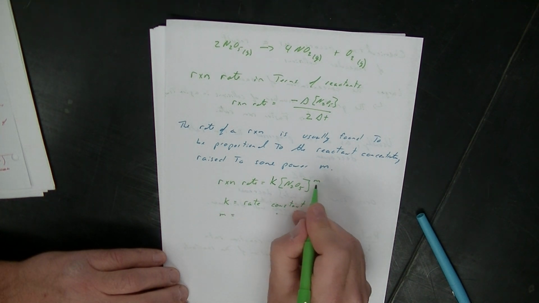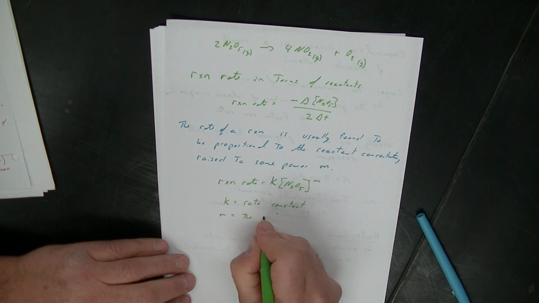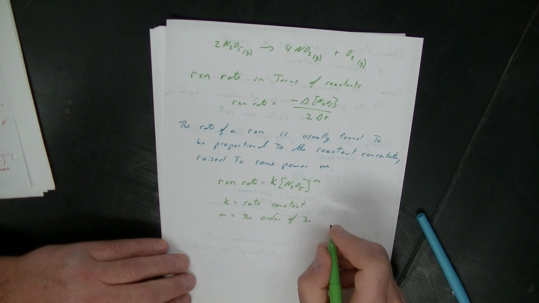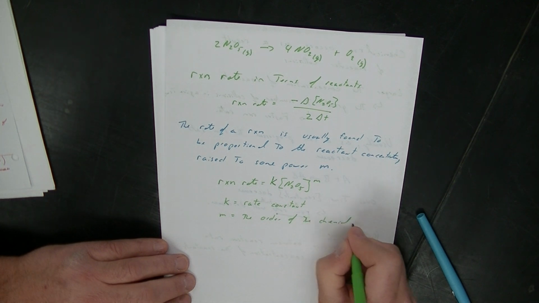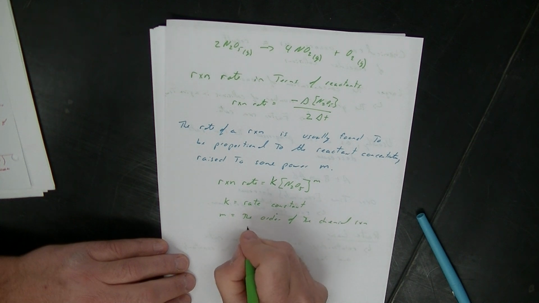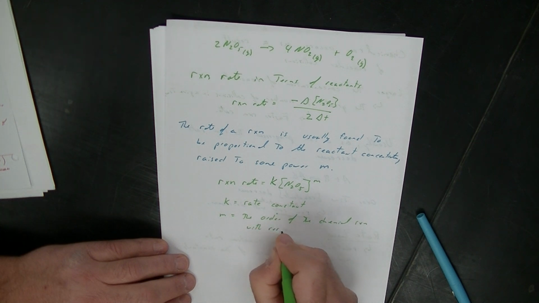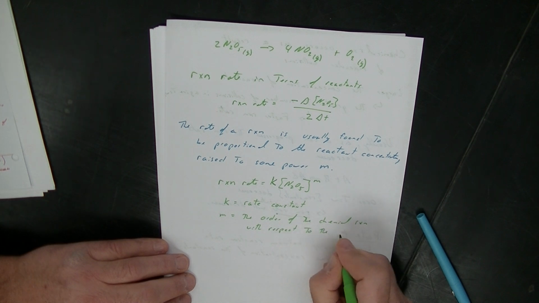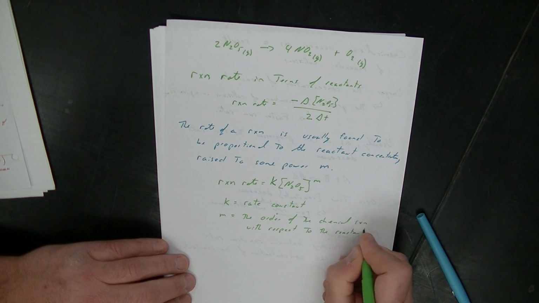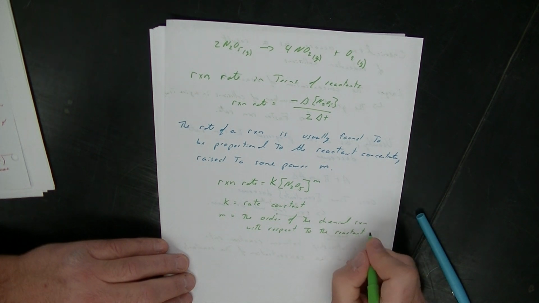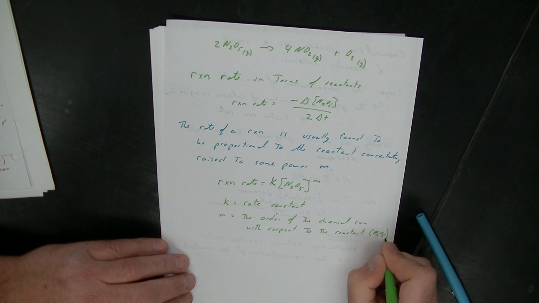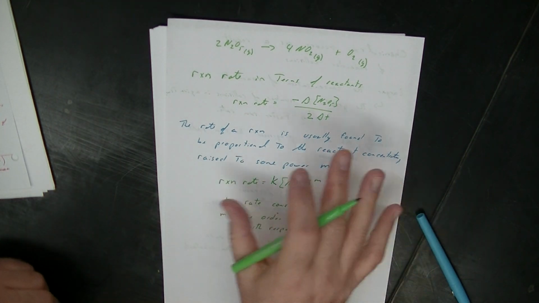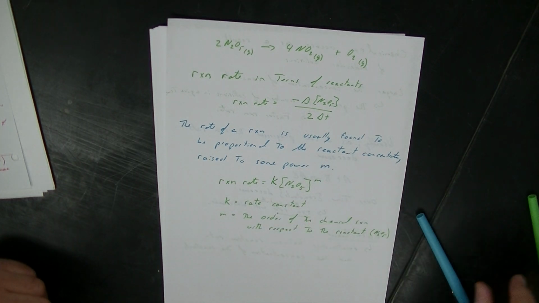The m, or this order, is the order of the chemical reaction with respect to the reactant, which in this case is N2O5. Hang tight, because this will hopefully come clear in a few minutes.